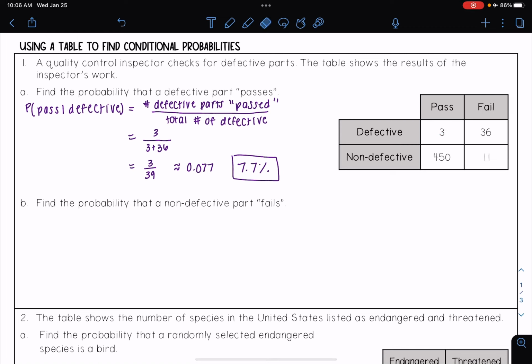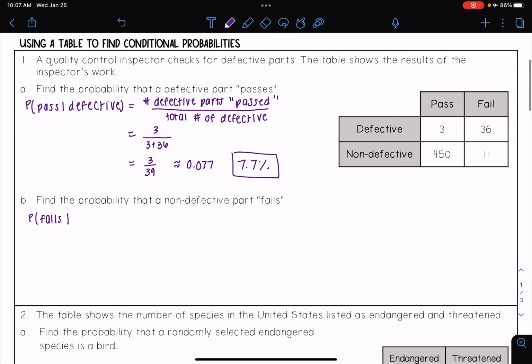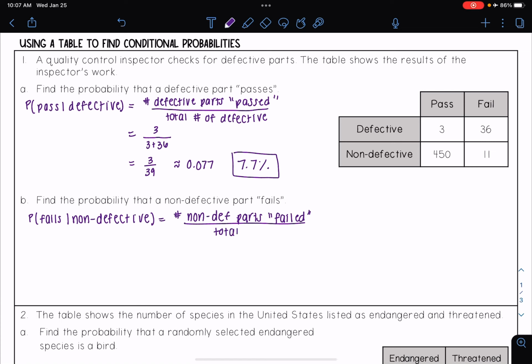Okay, let's look at the second part. The second part says find the probability that a non-defective part fails. So now we want to see the probability that if I choose a non-defective part that it fails, so the probability that it fails given that the part is non-defective. So that means it's going to be the number of non-defective parts that failed over the total number of non-defective.